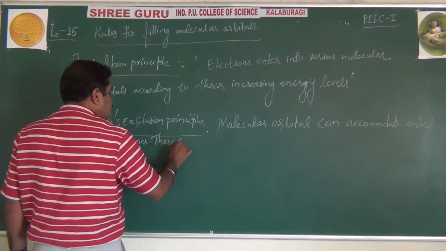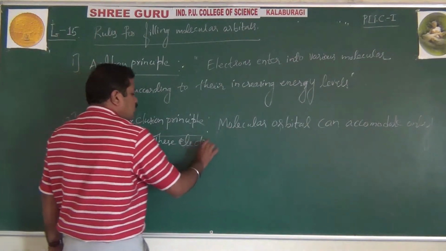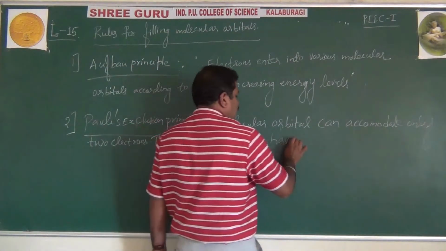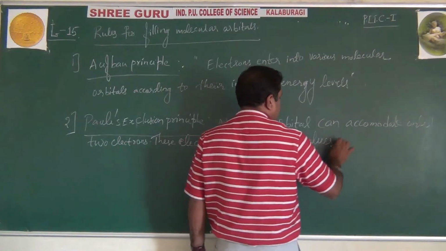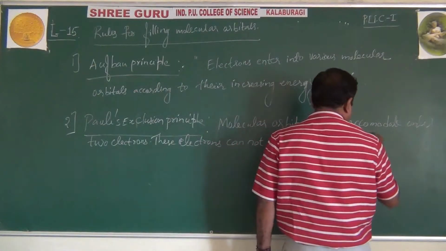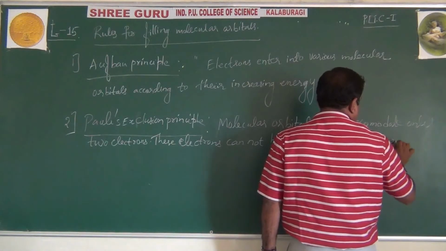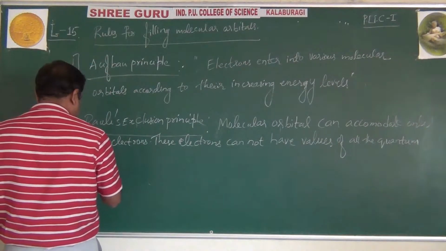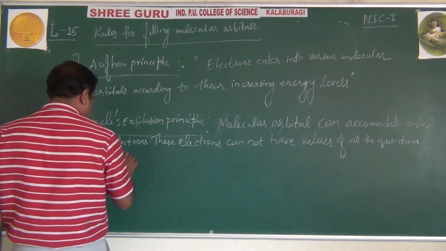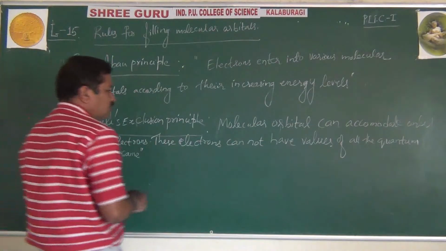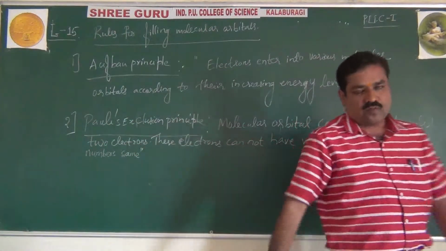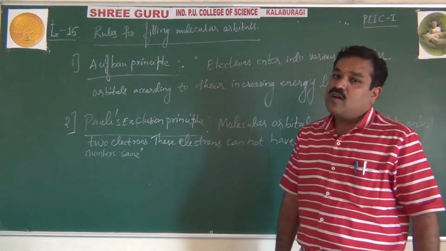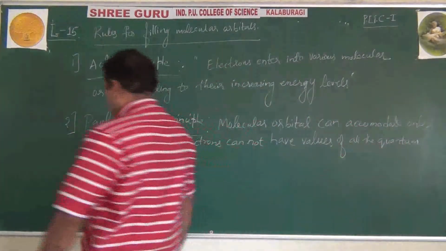These electrons cannot have the values of all the quantum numbers the same. They can be the same with respect to principal quantum number, azimuthal quantum number, magnetic quantum number, but they must have different spin quantum number.